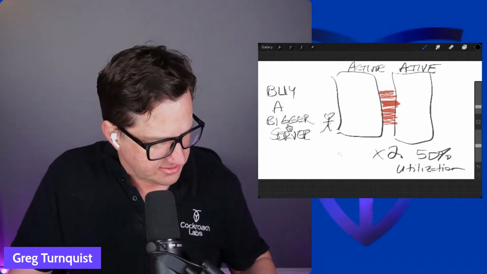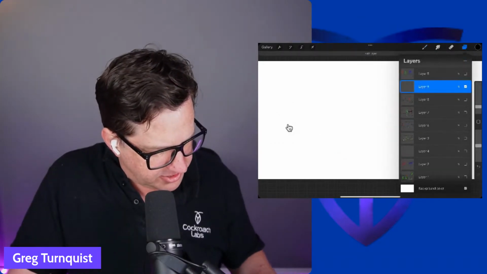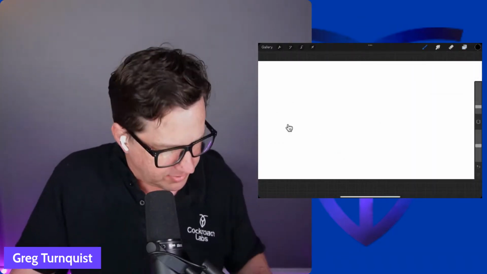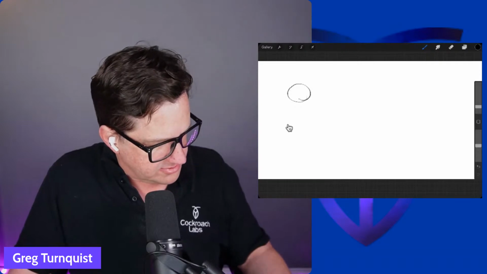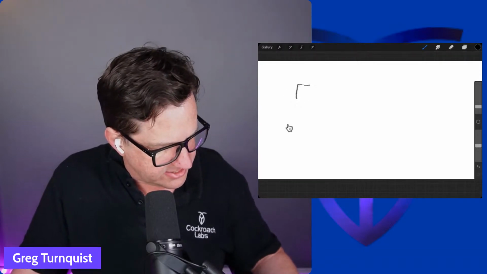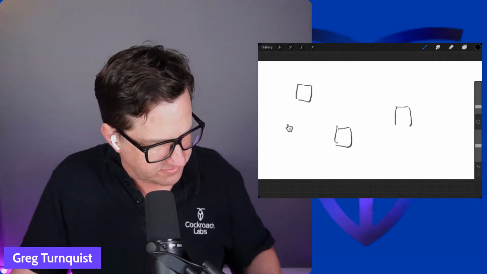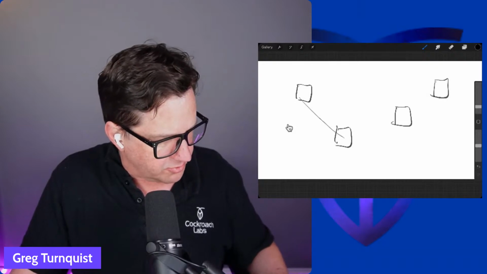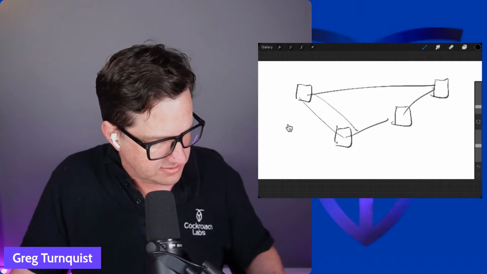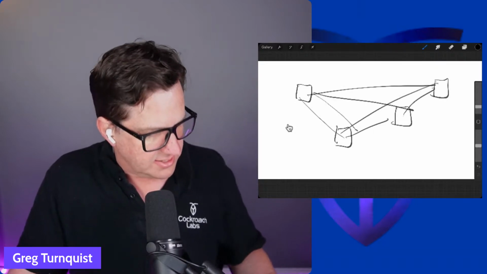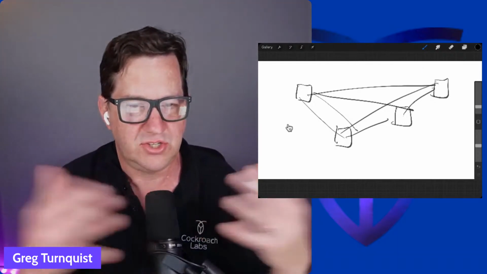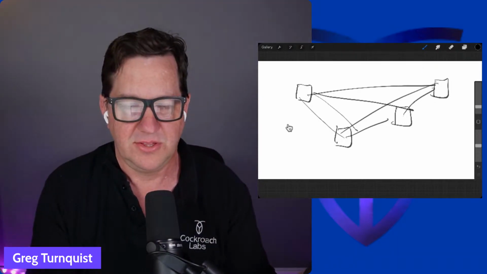But the idea is, if you go to a distributed database, it's a different game altogether, because now I've got server nodes throughout the enterprise, and it spreads the load across all of them.